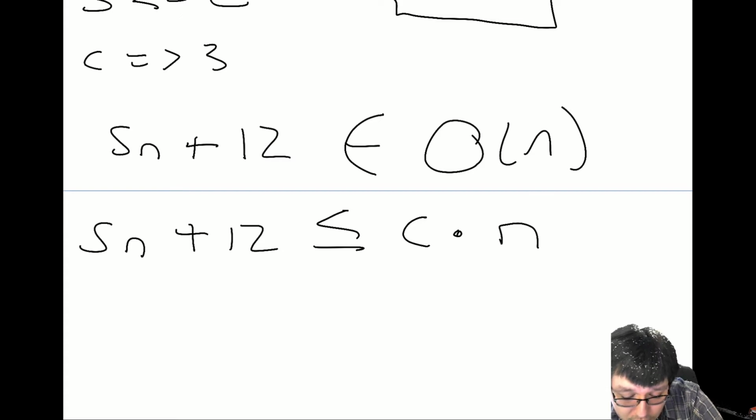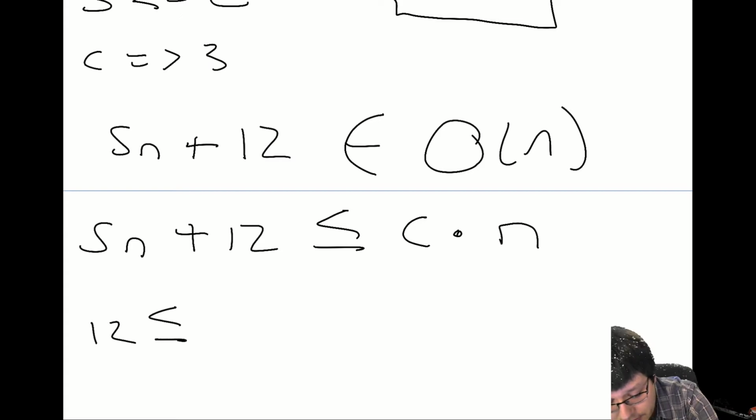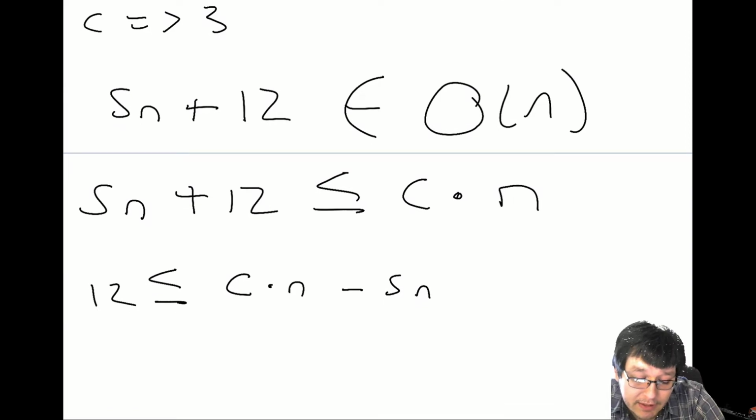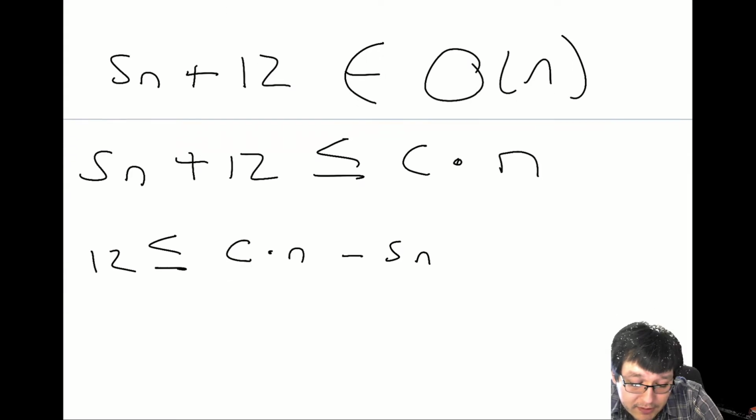Let's just subtract 5n from this side. So 12 is less than or equal to c of n minus 5n. Okay, we got that so far, and then let's go ahead and divide this whole thing by 5.